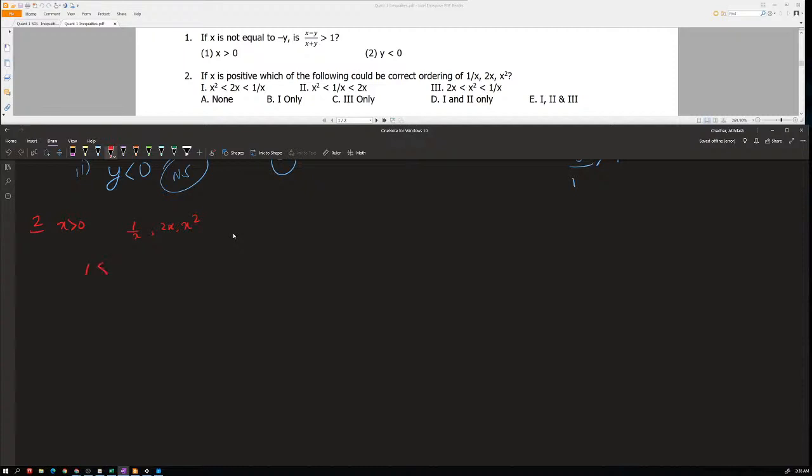Then 1 is, I'm just taking x equal to 1, becomes 2 is less than 1. Is this possible? Not possible, right? So could be the correct ordering, he's asking, not asking that it should be correct always.